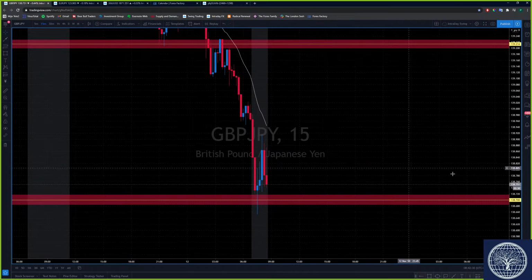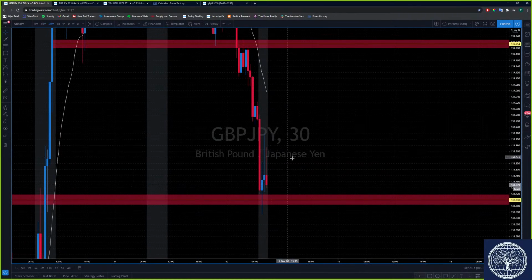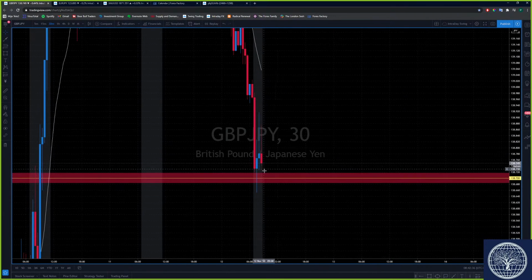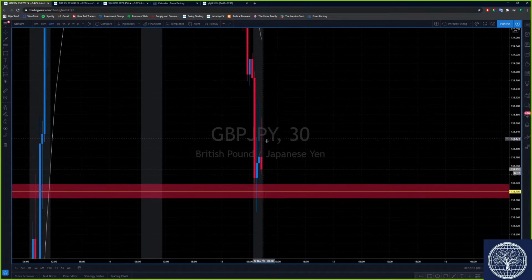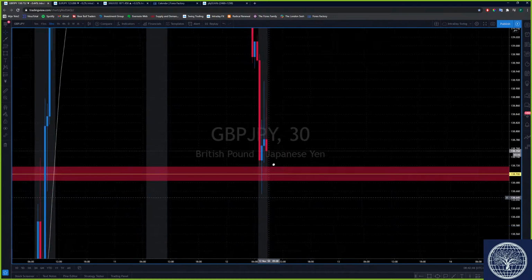No, actually, I'm gonna wait for candles to close because I only have one shot and I don't want to ruin it on an impulse entry against a support. That doesn't make sense. So I'm gonna wait for this 30-minute candle to close.